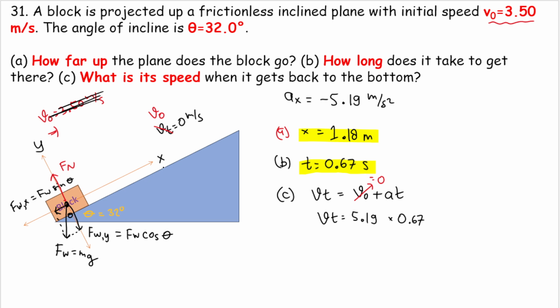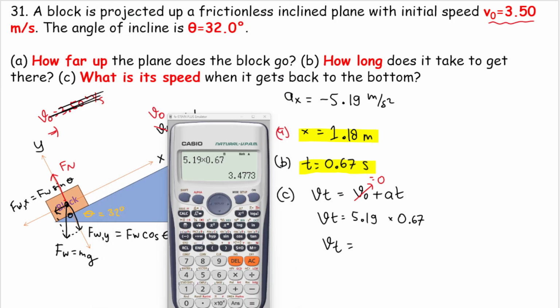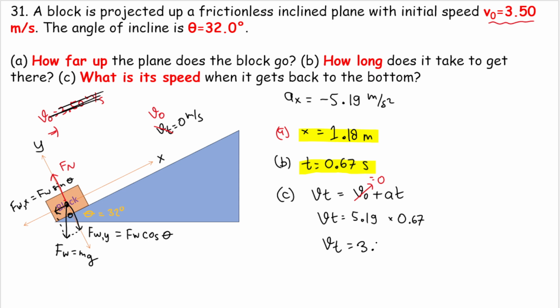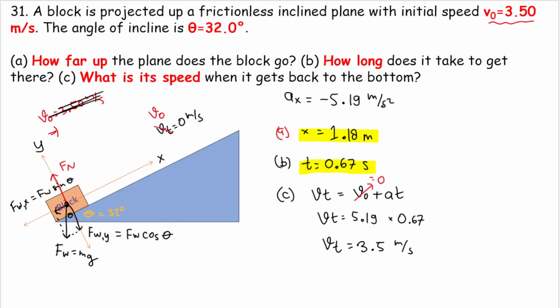Why? Because the time going up and going down is the same. So the final speed when it gets back to the bottom is 5.19 multiplied by 0.67, which is 3.5 meters per second, the same as before. The slight difference comes from rounding error, and that is fine. Then we have the x, t, and v, which are all the answers for this question.